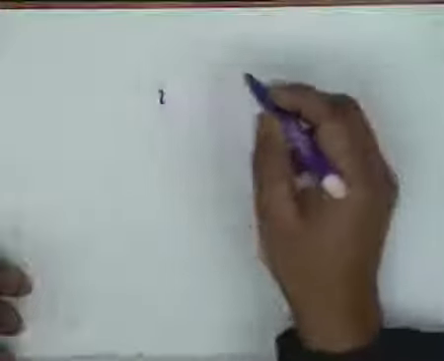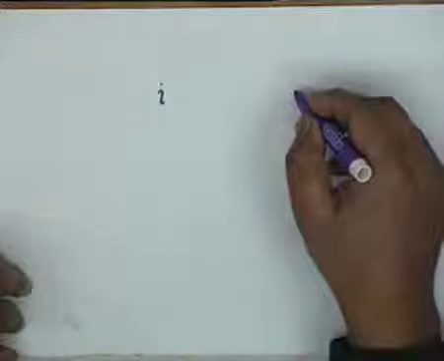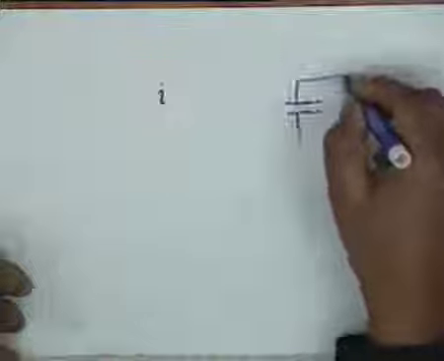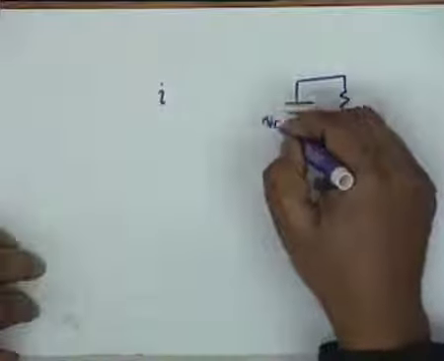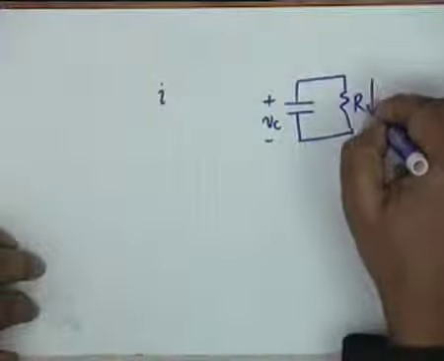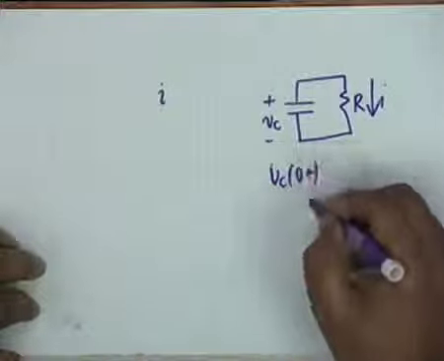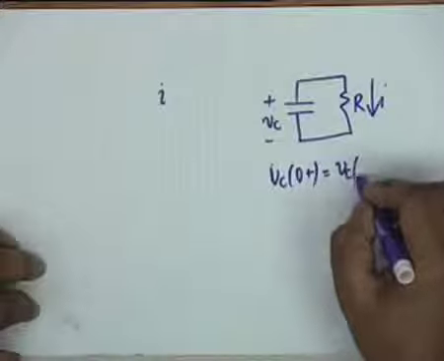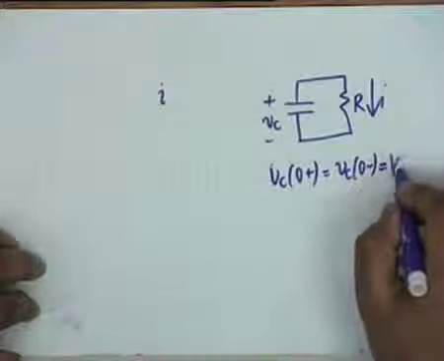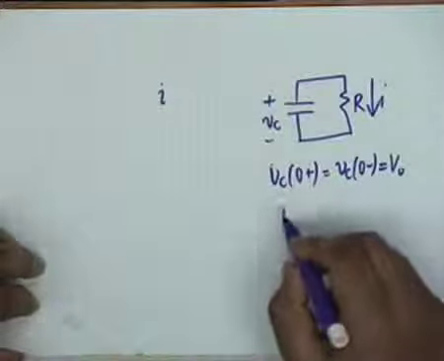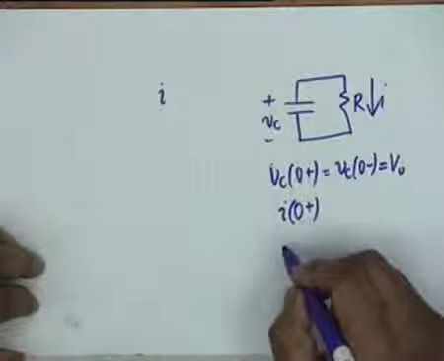That is found out from the initial condition. You know that if we draw this circuit again, it is a C in parallel with R. This is I, and you know that Vc(0+) is the same as Vc(0-). We recall that this is equal to V0, and therefore what is I of 0 plus?